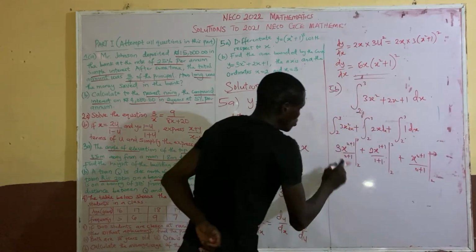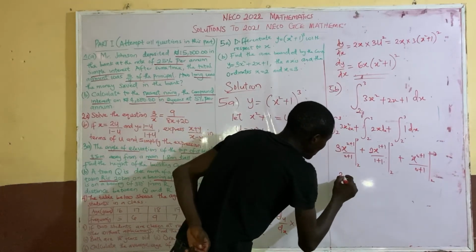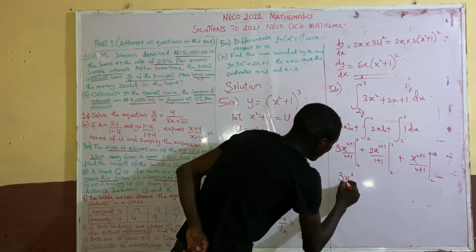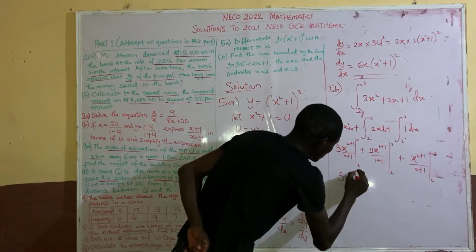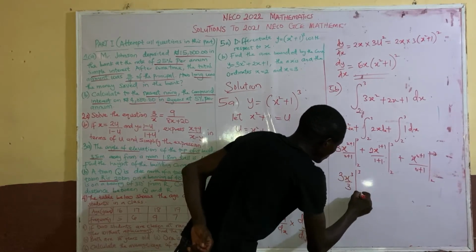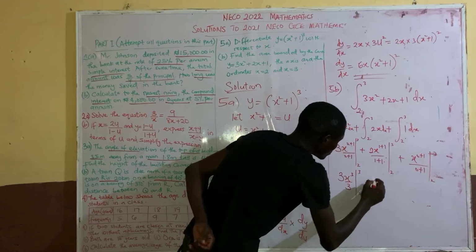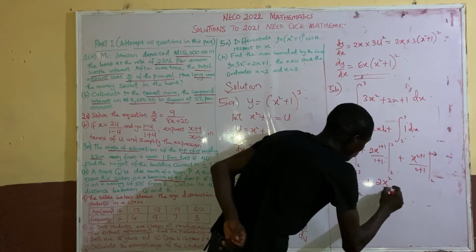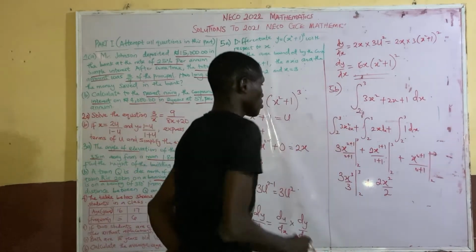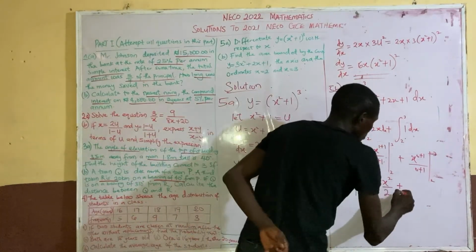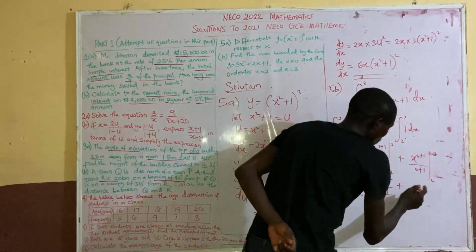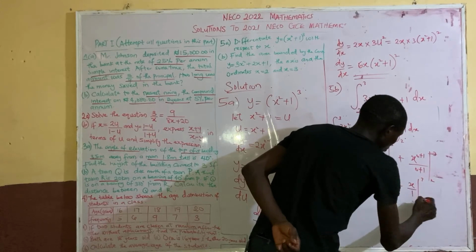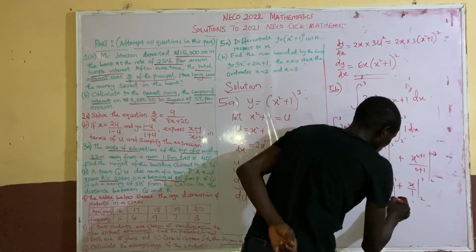So now this one is 3x raised to power 3 all over 3, plus 2x raised to power 2 all over 2, plus x over 1, with boundary 3, 2. You have to be putting the boundary so that you don't forget.